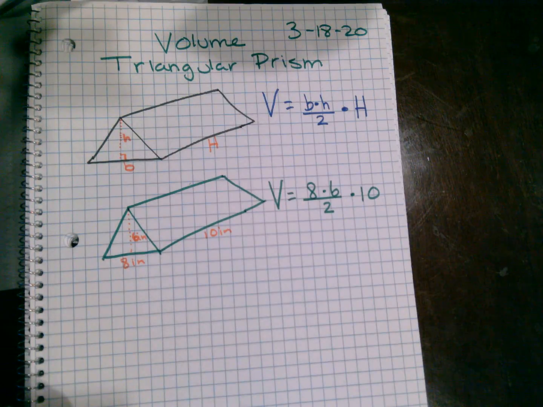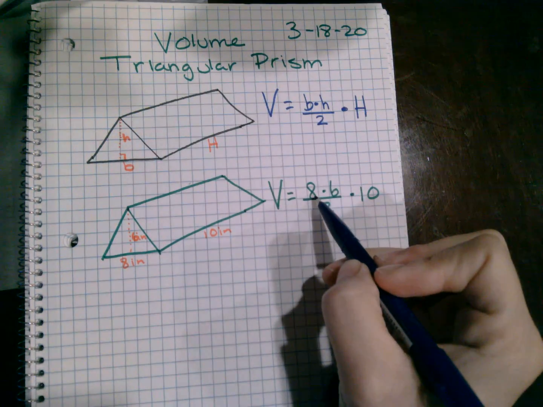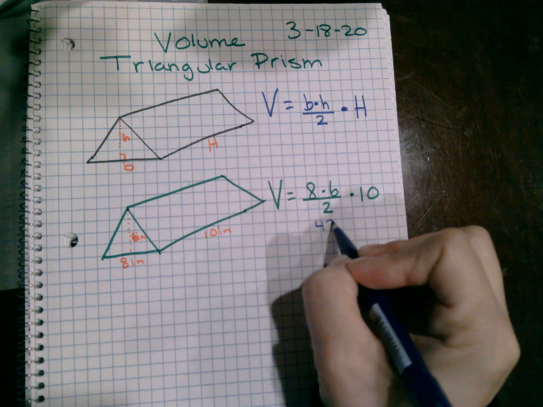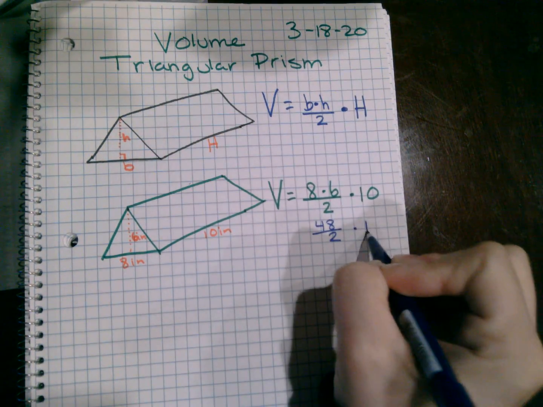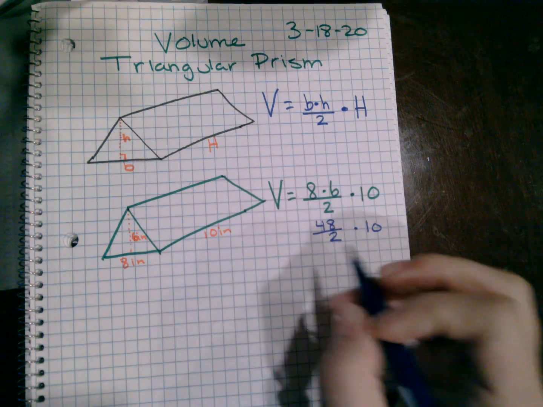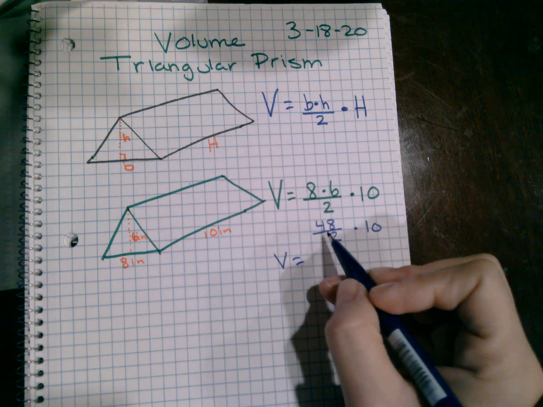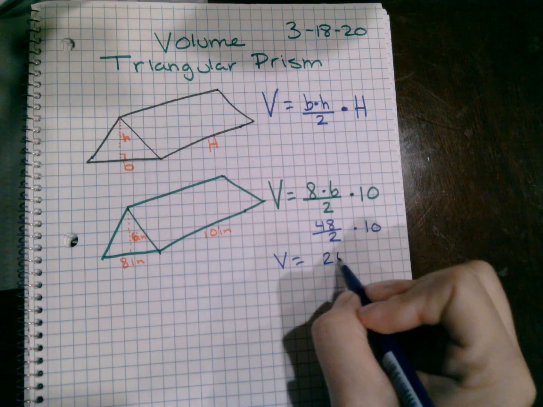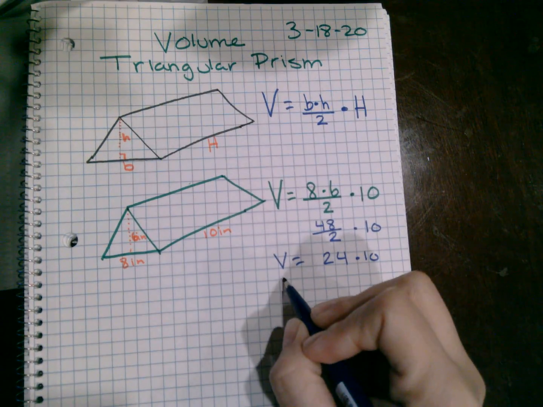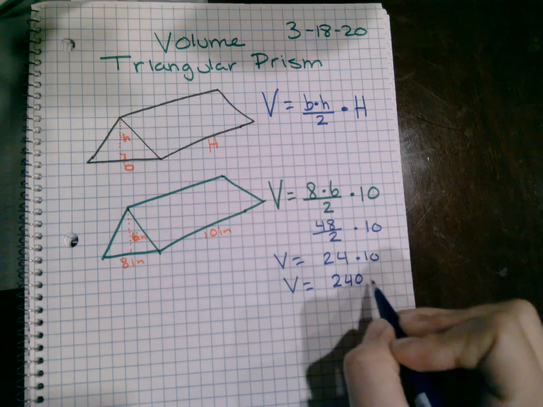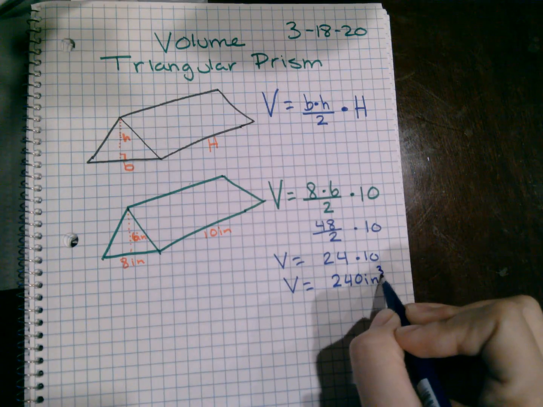So 8 times 6 is 48, divided by 2, times 10. You can take a shortcut if you want. 48 divided by 2 is 24, times 10. Volume is equal to 240 inches cubed.